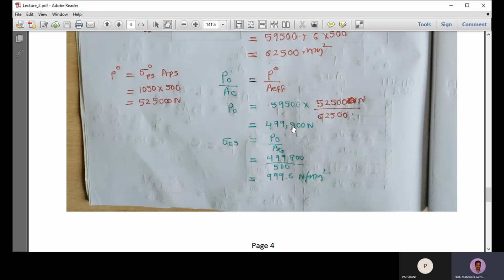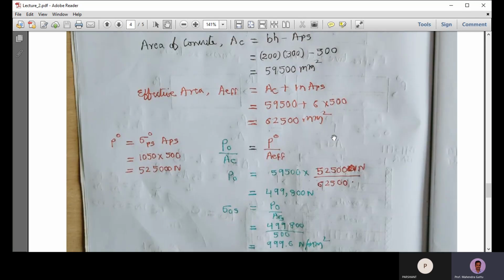And we can find out what is the stress in concrete. 499,800 divided by the area of concrete, which is 59,500. So that is coming around 8.4. So there is a compressive stress of 8.4 megapascal, which is acting in concrete now. So the concrete is in a state of compression.